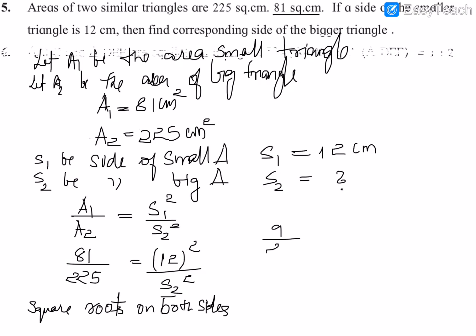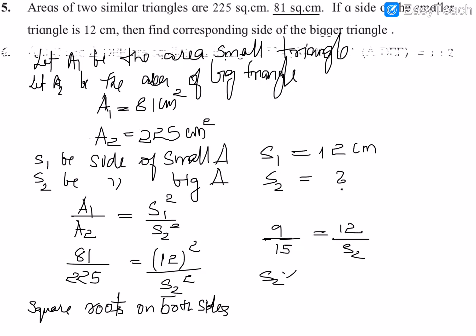Root of 81 is 9 and 225's root is 15. So we can write that 9 by 15. Root of 81 by 225 is 9 by 15 is equal to 12 square by S2 square. So when we take square root on this side it will become 12 by S2.